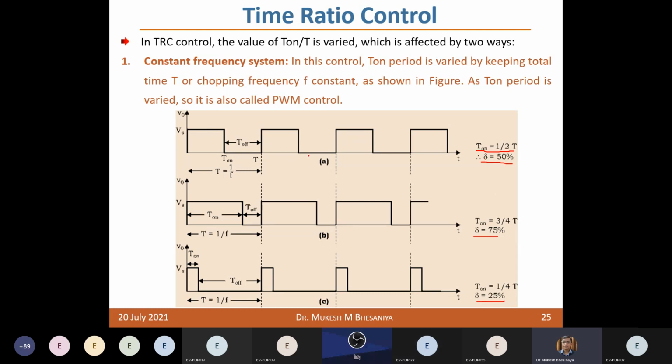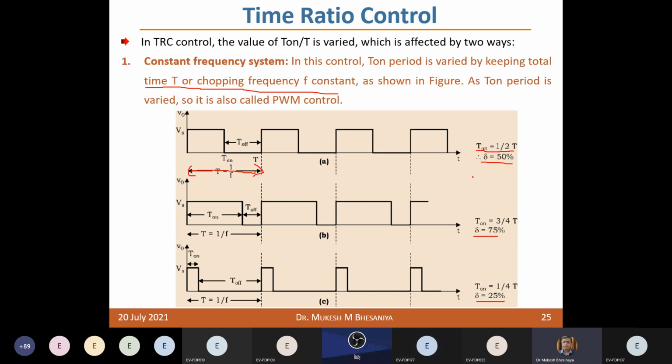So your output voltage in this case is 50% of the input voltage, 0.5 times Vs. Here it is 0.75 times Vs, and in the third case the output voltage V0 is 0.25 times the input voltage. This T1 period is varied by keeping the total time, or the switching frequency, constant. So this T is fixed and you are only changing the on period.